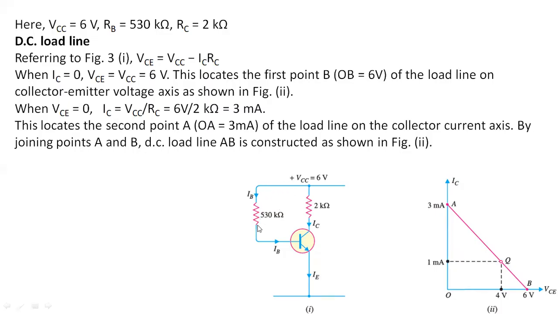First, we observe the circuit at the input, for the base. From VCC there is this 530 kilo ohm resistor, the base resistor, which forms the input circuit for this transistor, and for this circuit we form the equation with KVL.